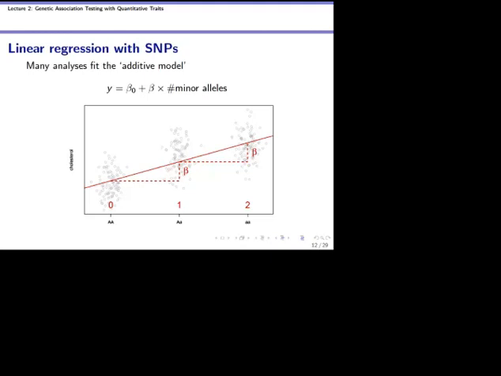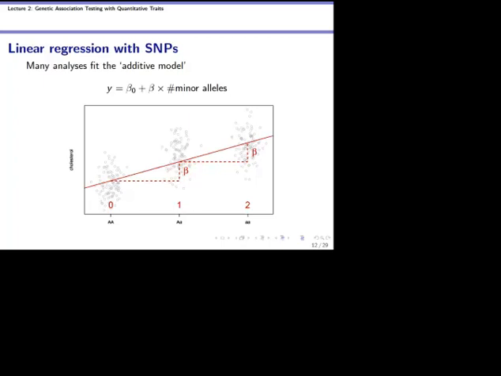If you have 0 copies of the little a allele, what is your mean value? Beta naught. If you're heterozygous, what is your mean value? Beta naught plus beta. If you have 2 copies, it is beta naught plus 2 beta. So we assume an additive relationship, and each allele increases your trait value by beta under this model. This is the most common model we use.